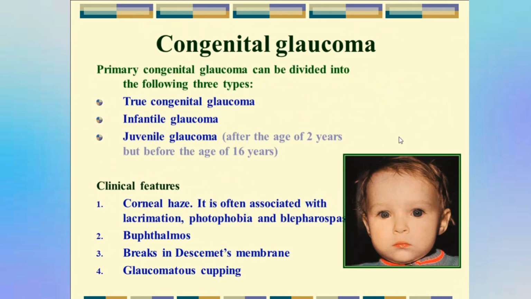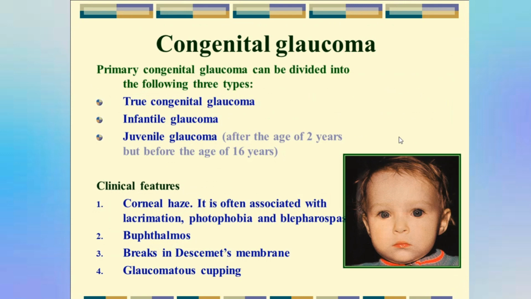I would like to tell you some words about congenital glaucoma. It's a rather difficult condition, rather dangerous condition. For example, if you will be a GP or if you will work with children, you should think and remember about this glaucoma.